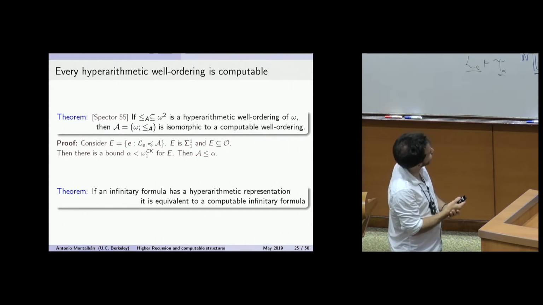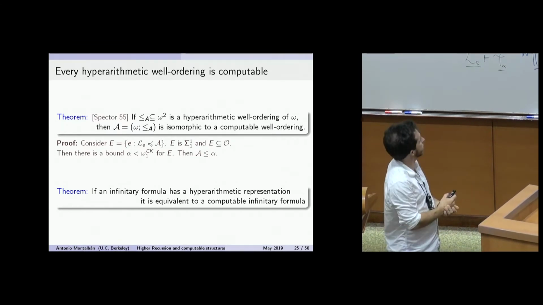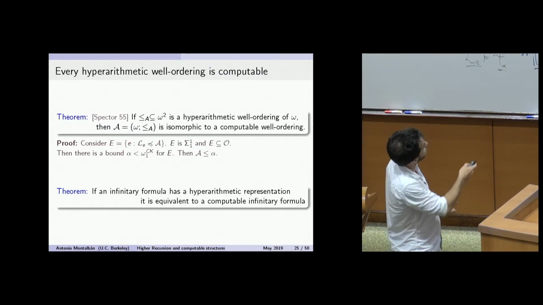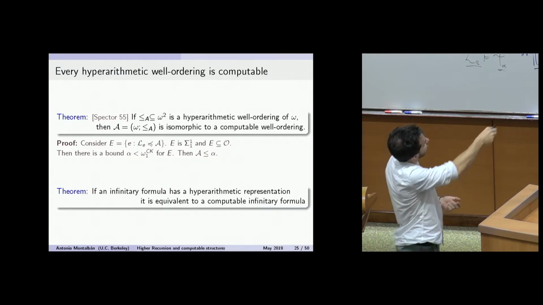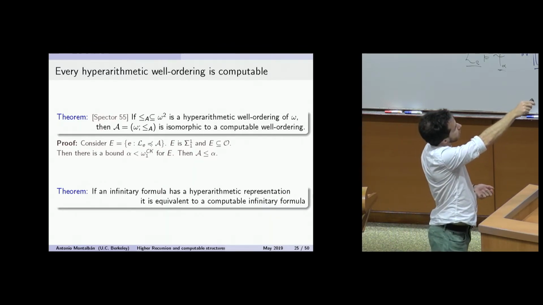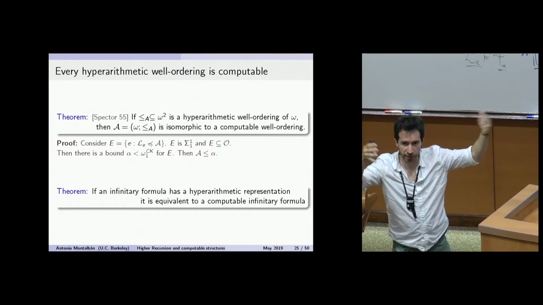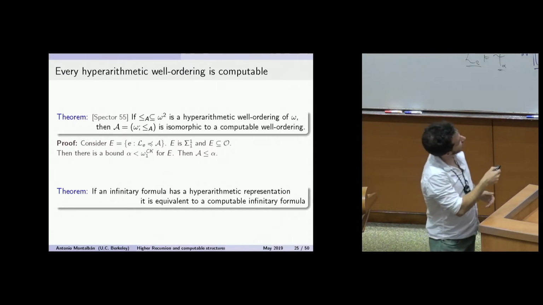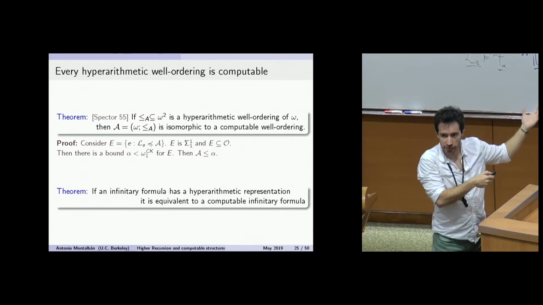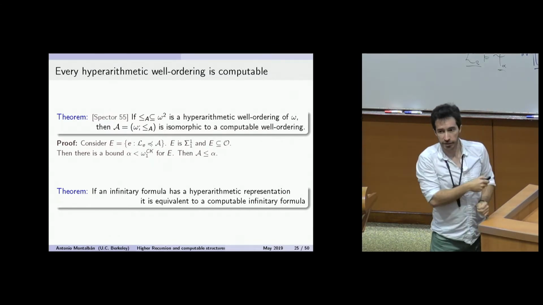It's a completely different proof, but let me mention it. If you have an infinitary formula that has a hyperarithmetic tree representation, so you can represent it in a hyperarithmetic way, then there is an equivalent formula that is computable infinitary.